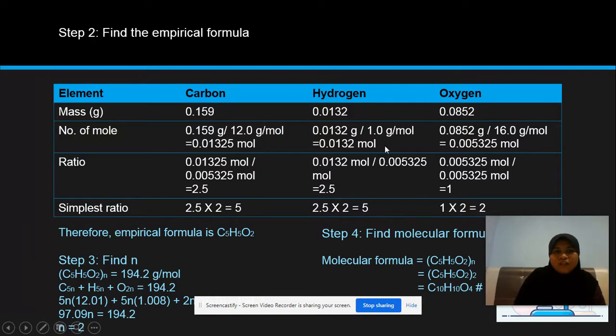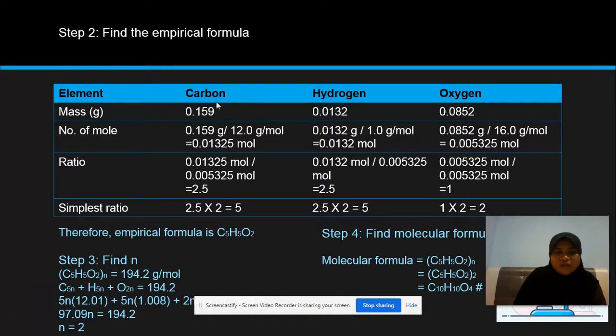From the mass that we have got, we can find the number of mole of each element. The formula for number of mole is mass of element over molar mass of the element.